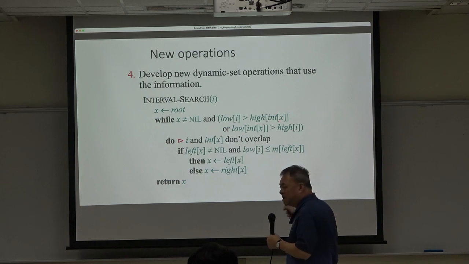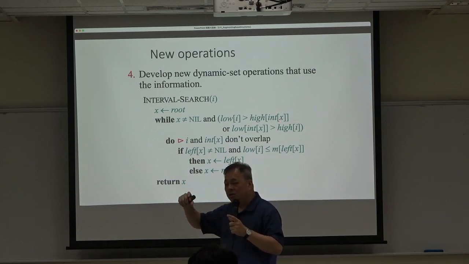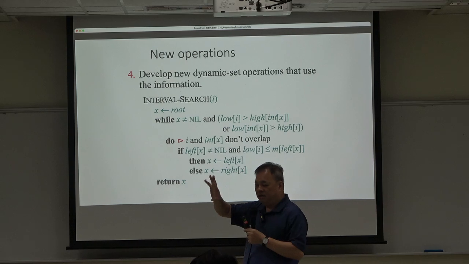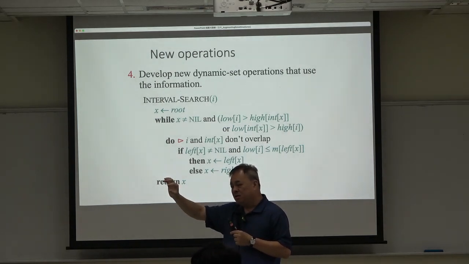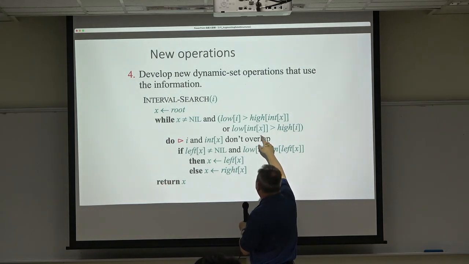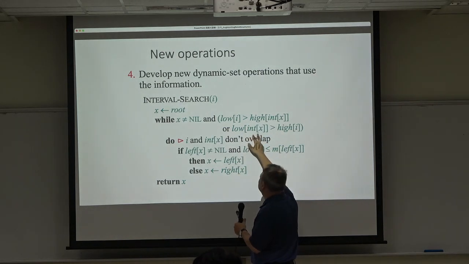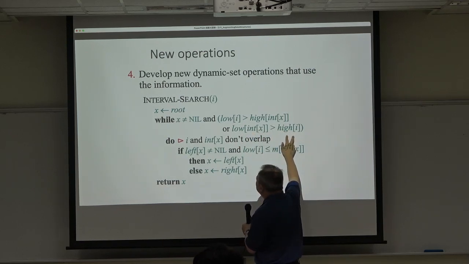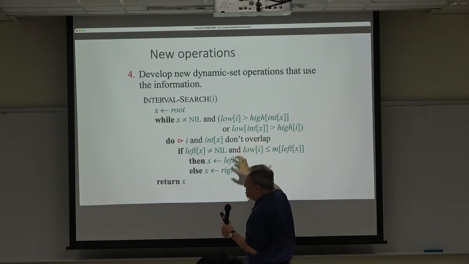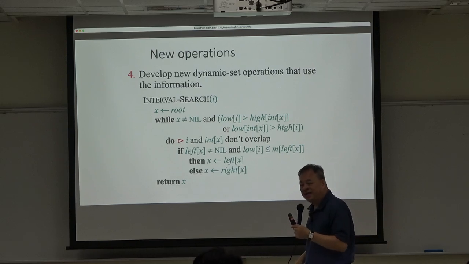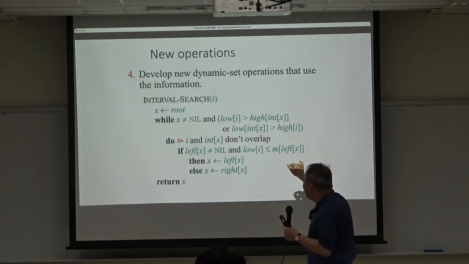So int x basically is the interval stored in x. So if low I is greater than its right endpoint, or low int x, the left endpoint of the interval stored in x, is larger than high I, its left endpoint is greater than the right endpoint of I, meaning x does not overlap with I.